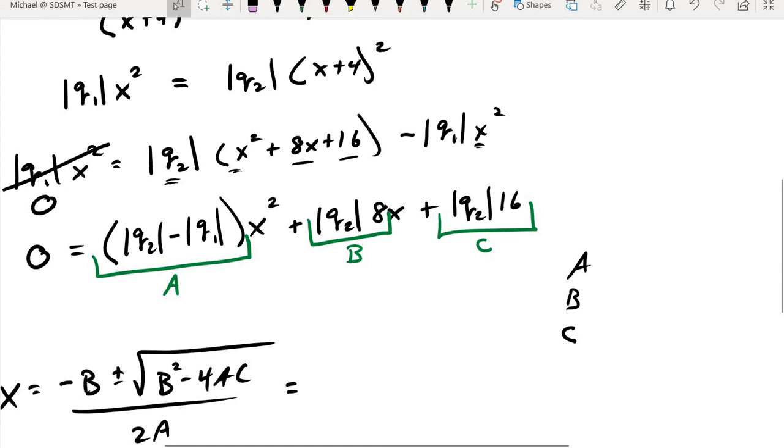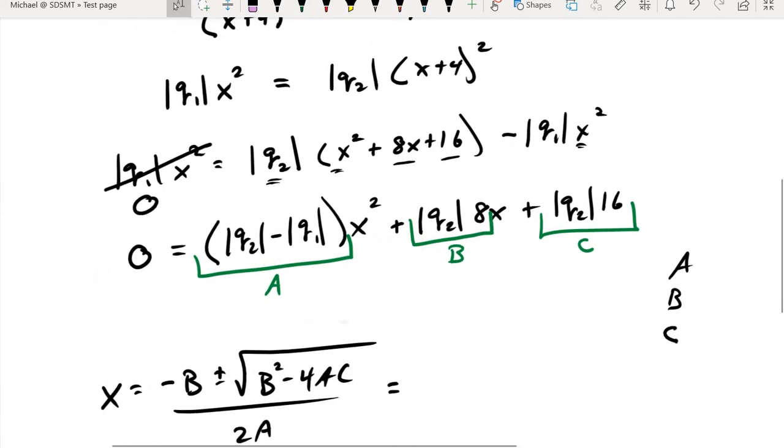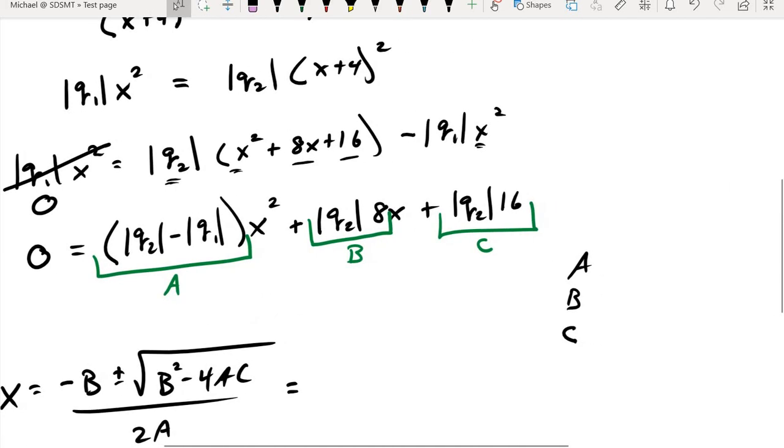So Q2 minus Q1, Q2 was 20, Q1 was magnitude 50, so we're getting a negative 30 for A. Don't forget your units there. So this was microcoulombs, and so everything needs to be 10 to the minus 6.